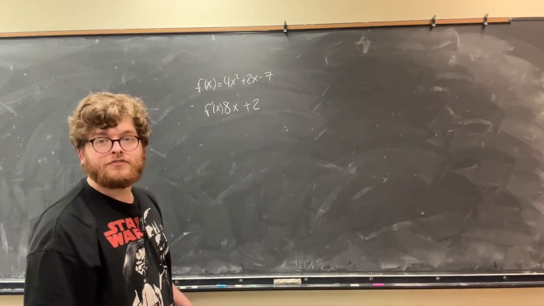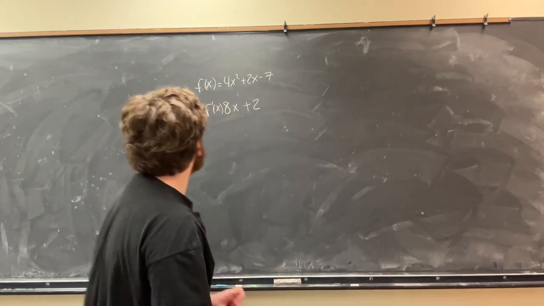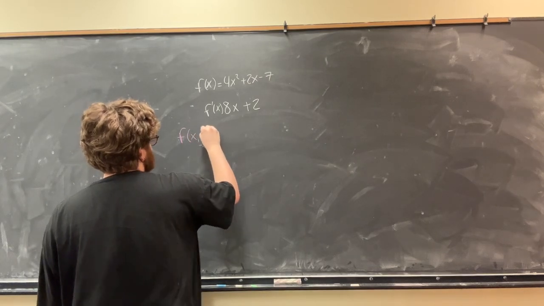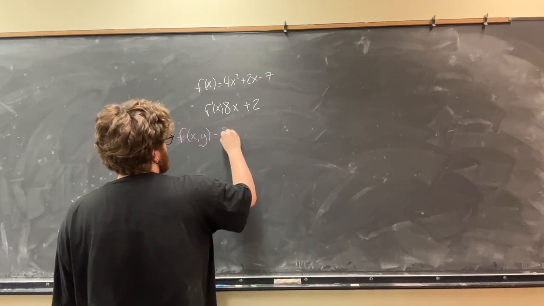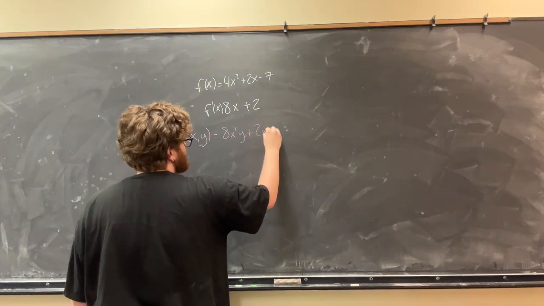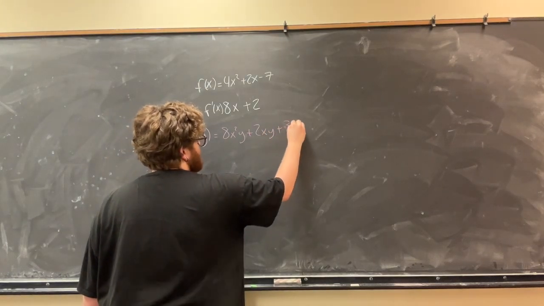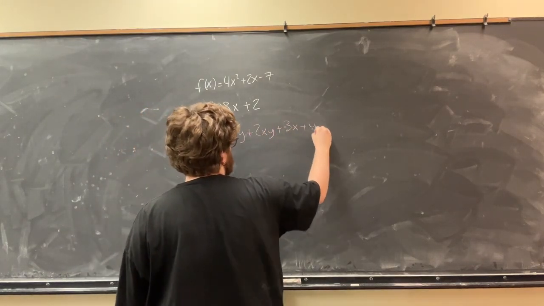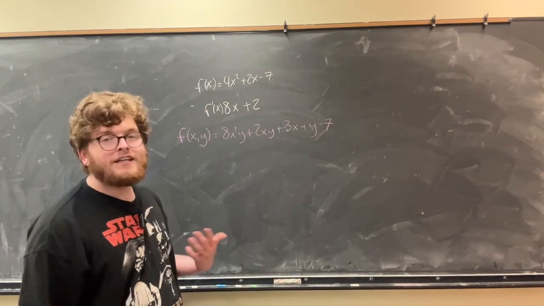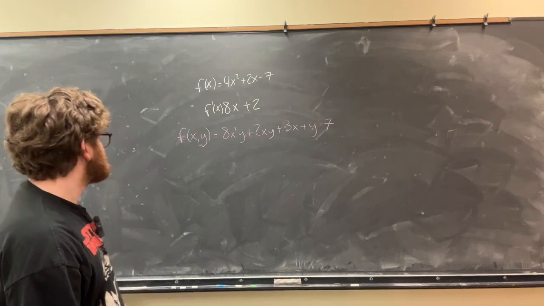But what if instead we had a function in several variables? So what if we had f of x y equals 8x squared y plus 2xy plus 3x plus y minus 7. It's a bit long, but it kind of gets the idea across pretty well.